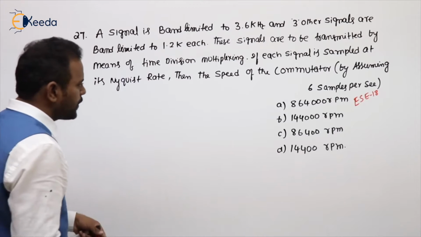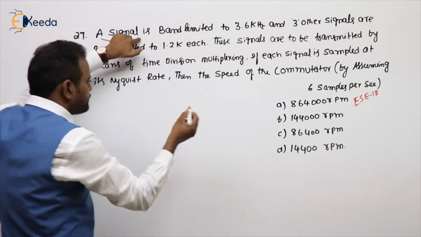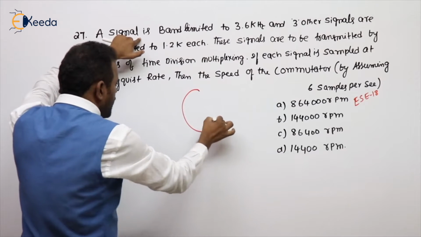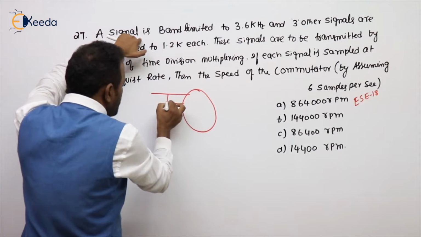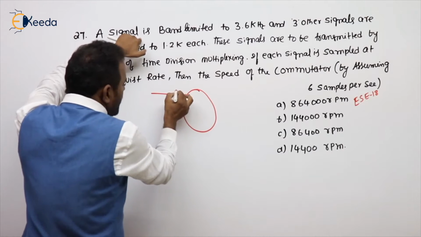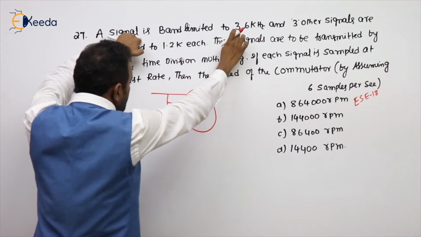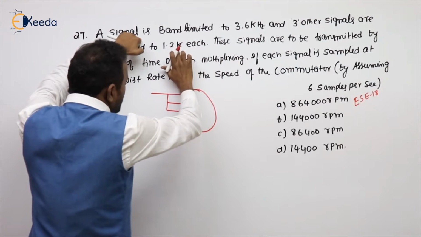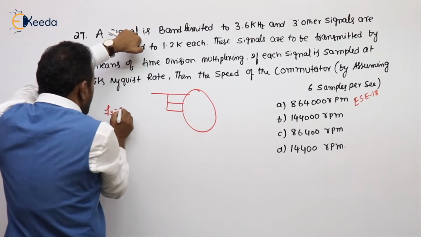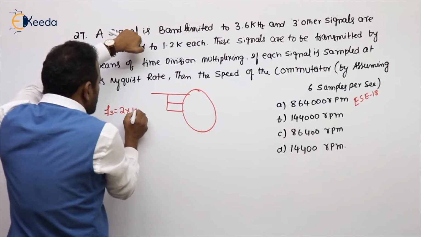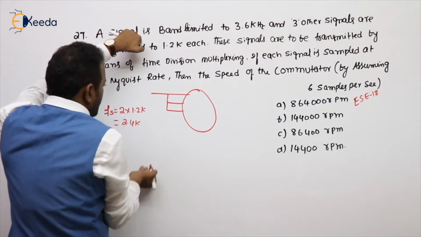Anyhow, first thing you need to understand, there are 4 signals. If we take the commutator, for the first one we are using 3 because this is 3.6 kHz, and the remaining 3 are 1.2, 1.2. If I take the Fs value of 1.2 as a reference, 2 into 1.2k, so 2.4k.